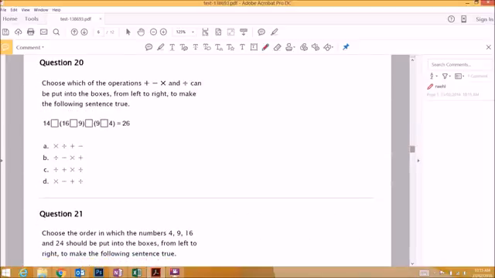Choose which of the operations, okay, so there's our 4 operations, can be put into the boxes from left to right to make the following sentences true. Alright, this one's going to be a bit tricky. We've got to use all 4 operations, and we're looking at that order.